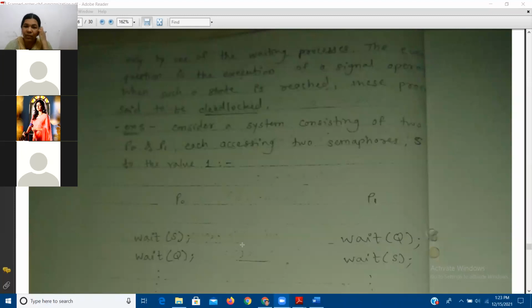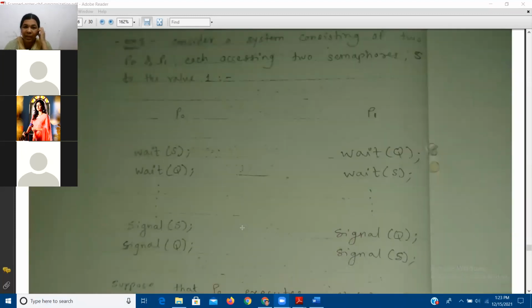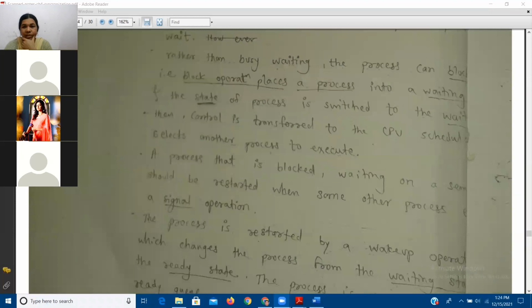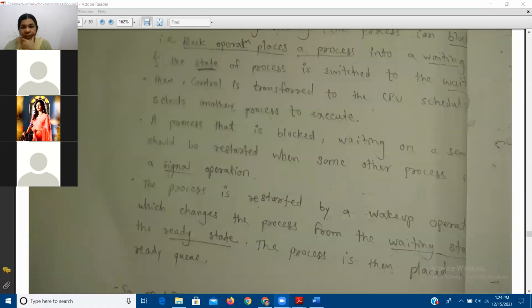Okay, so listen carefully over here. So what happens? P0 is waiting for S, maybe held by P1, and P1 is waiting for Q, Q maybe held by P0. Okay, so here I have shown that two processes are there in the system.